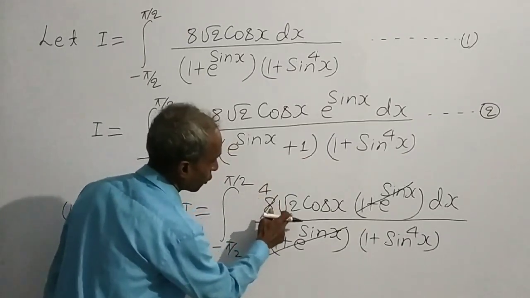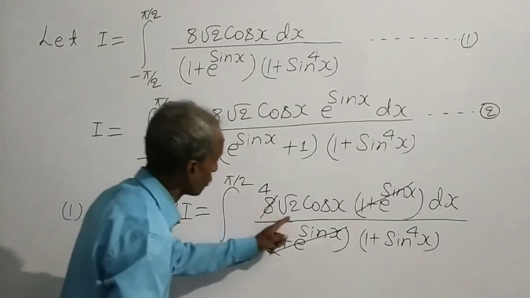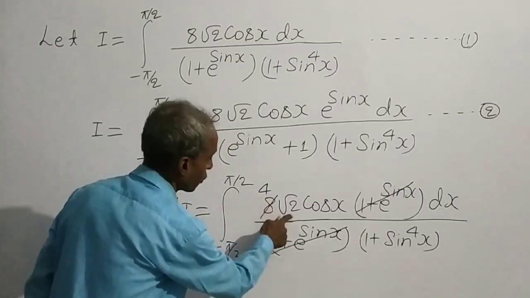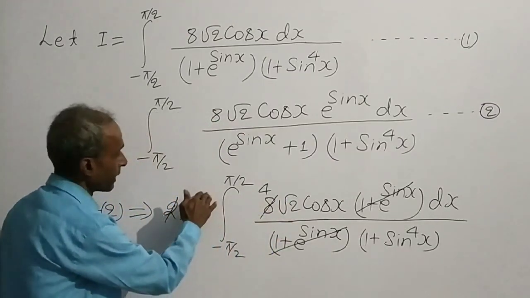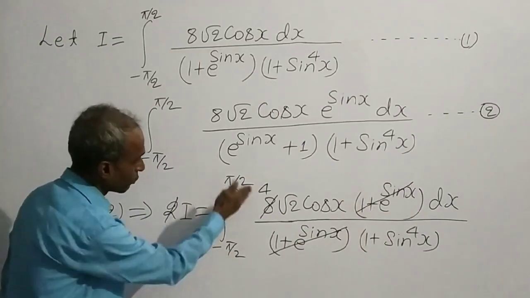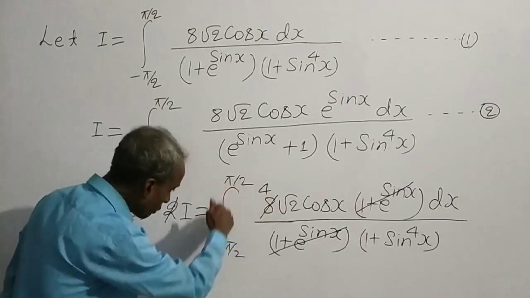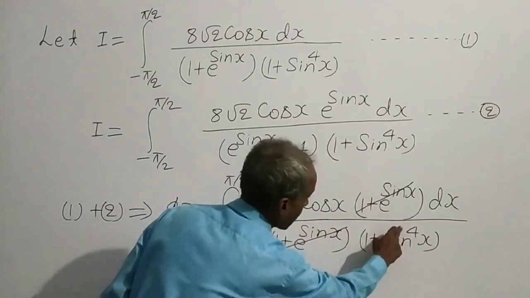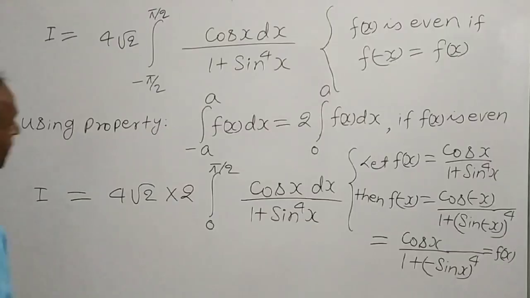That means 4 root 2. 4 root 2 is a constant number. Therefore, we can write 4 root 2 outside the integration sign. Then there will be I is equal to 4 root 2 integration of cos x dx by 1 plus sin 4x.